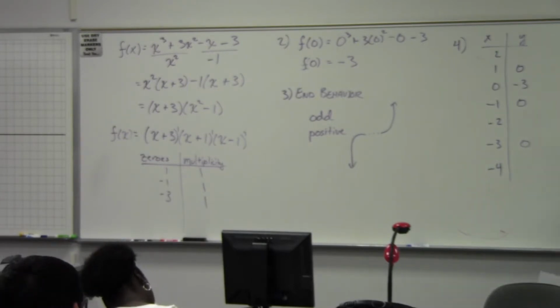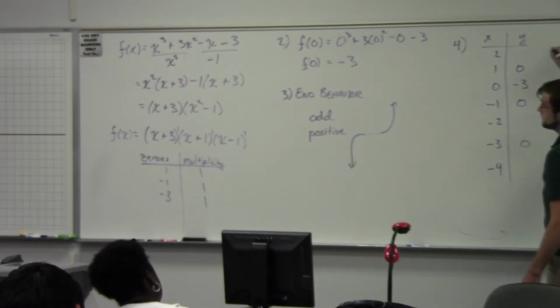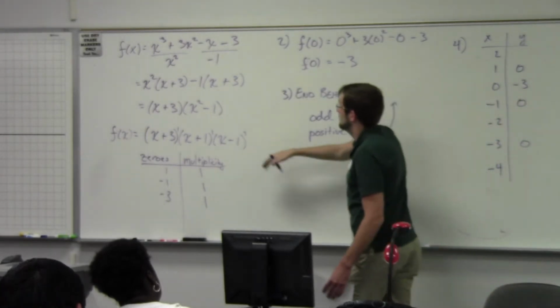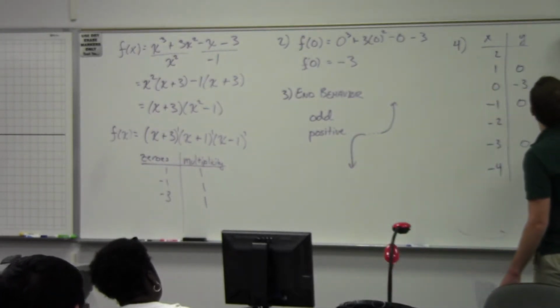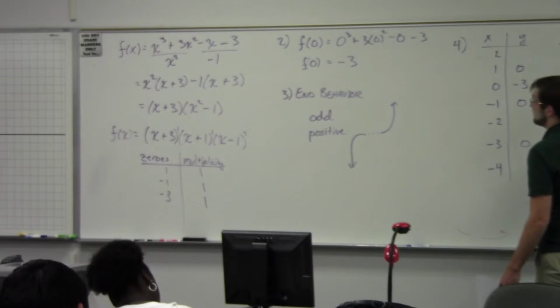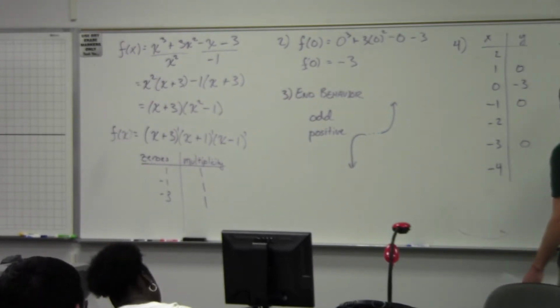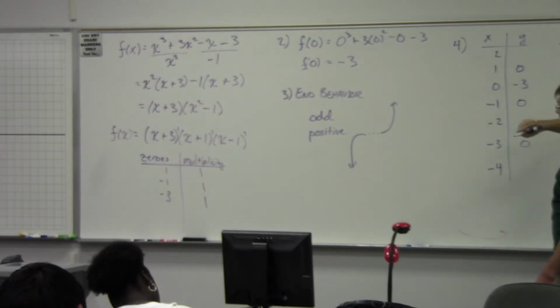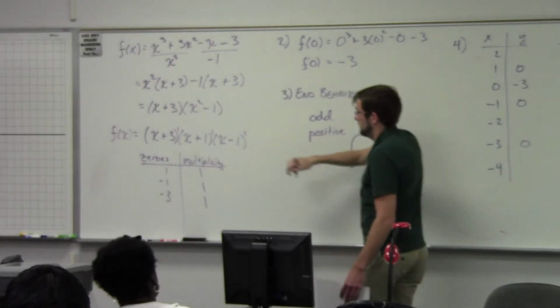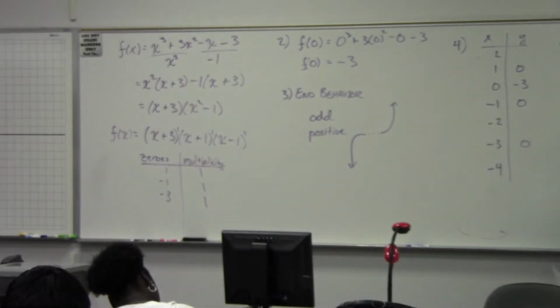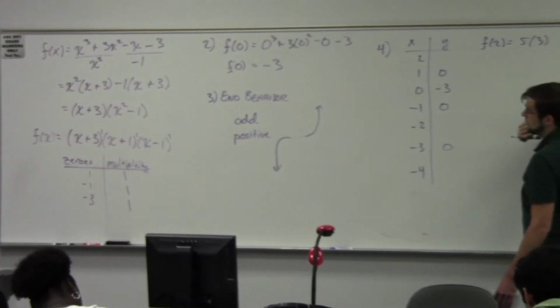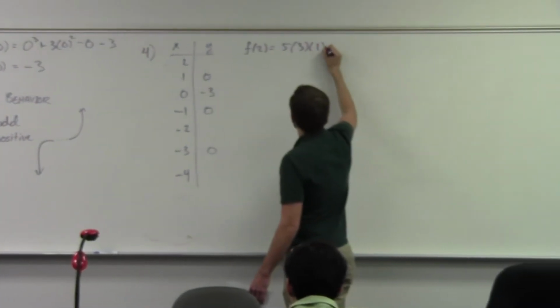All right, so let's plug these into the function. I'm going to use this guy, the factored function. He looks like it might be a little easier to use. So 2 plus 3 is 5. 2 plus 1 is 3. And 2 minus 1 is 1.